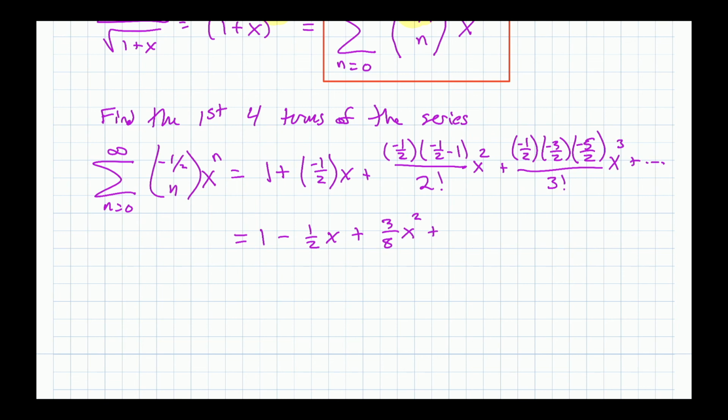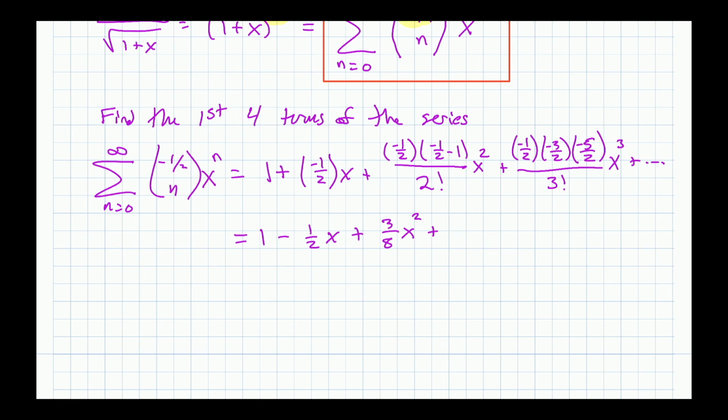And then what's the next one? Well, you're going to have to calculate this all out. So we got 1/2 times 3/2 times 5/2, that's 4.5, over 3 factorial, which is 3/4 again. So it's 3/4.